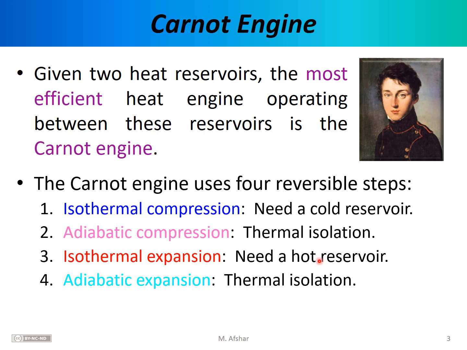So we need another substance that is relatively hot when compared to the gas. We can then transfer thermal energy from the hot reservoir into the gas, causing it to expand. The fourth step of the Carnot cycle is an adiabatic expansion. Here, the volume of the gas increases, but it does so in thermal isolation.